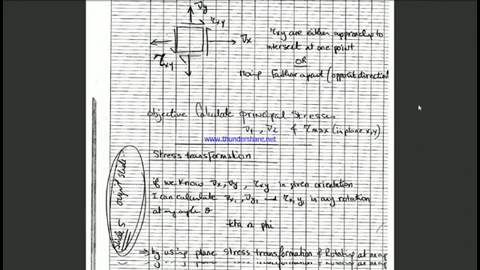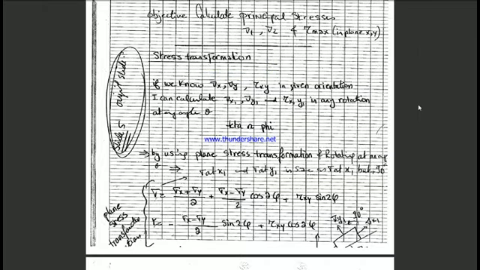So the stress transformation: if we know sigma x, sigma y, tau xy in a given orientation, we can calculate sigma x1, sigma y1, and tau x1y1 at any rotation, at any angle.